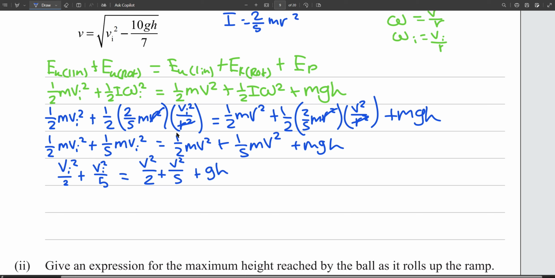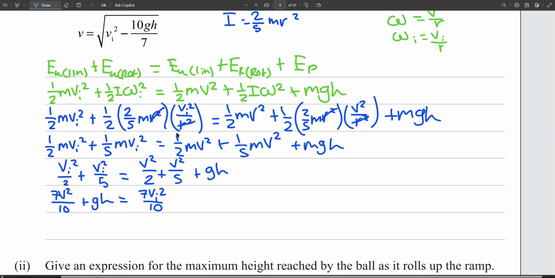And then 5 plus 2, 7 on 10, 7 on 10 vi squared. I'm going to swap the equation because we're looking for v, so 7v squared on 10 plus gh is equal to 7 vi squared on 10, right?